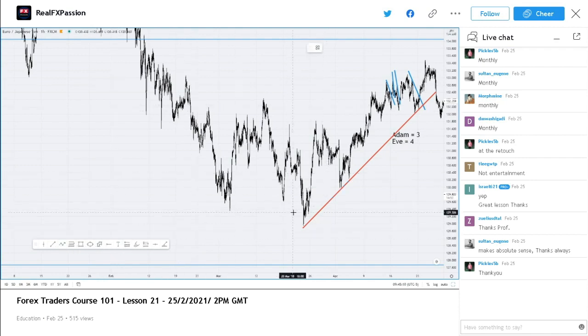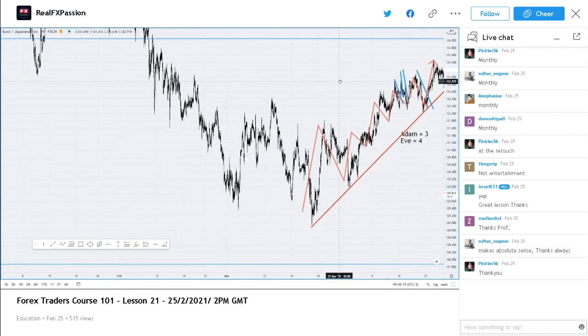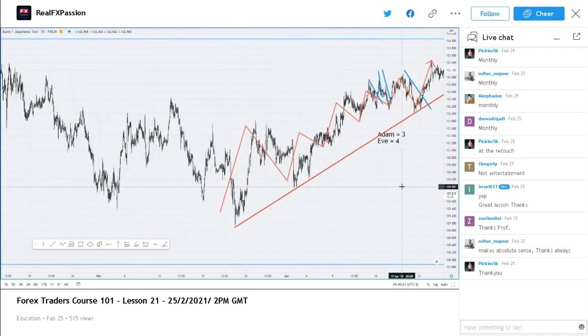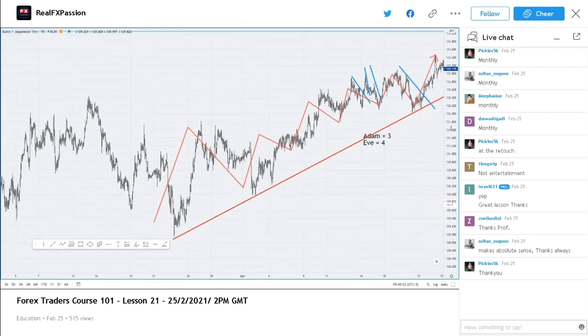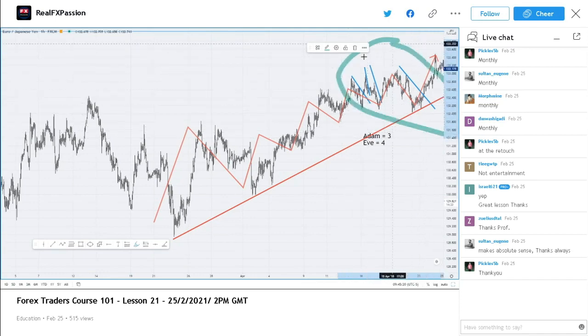When Adam was buying, he didn't do anything wrong, right? When Adam was buying, did Adam do anything wrong, everybody? Or we as beginner traders, when we are buying near the pivot points, is anything wrong in here?